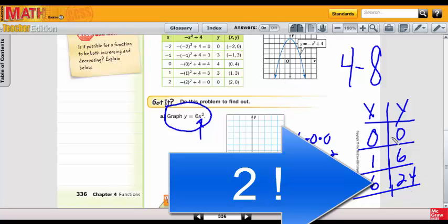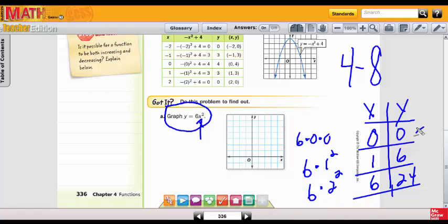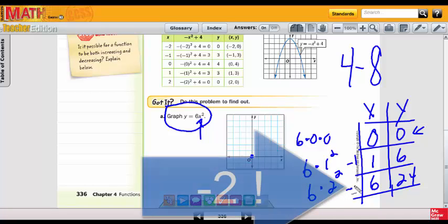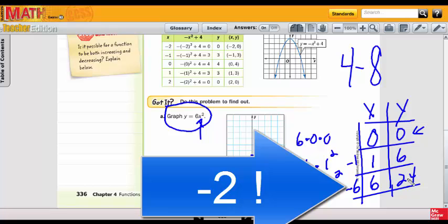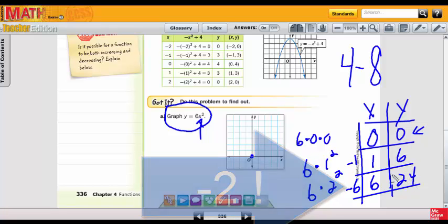So the first thing we're going to see is that we have a point at the origin. So we can place the point right here at the origin, and we have a point at 1, and the one thing I'm going to do here is you should recognize that you can put in -1 and -2, and you're still going to get 6 and 24 for your outputs.